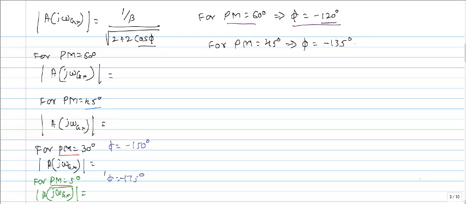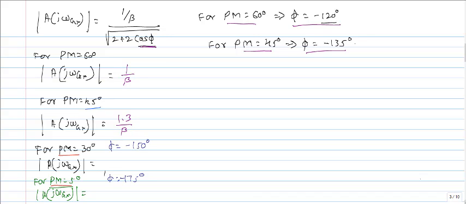Now when you plug in this value of minus 120 degree onto this expression, one would end up having a value that is equal to 1 upon beta. In a similar way, for a phase margin of 45 degree, one would end up having phi equal to minus 135 degree. So once this value is plugged back into this expression, one would end up having a value that is equal to 1.3 times that of beta.